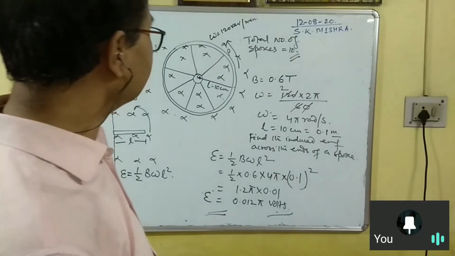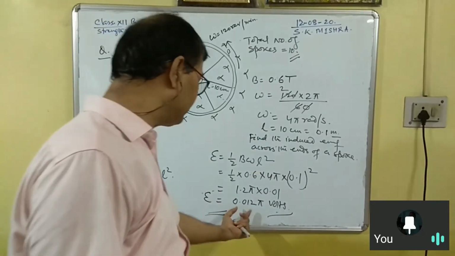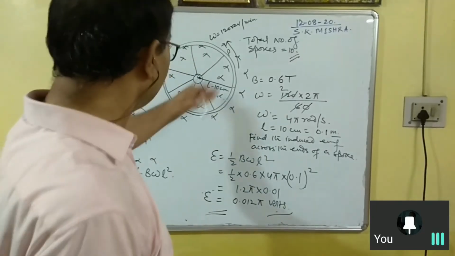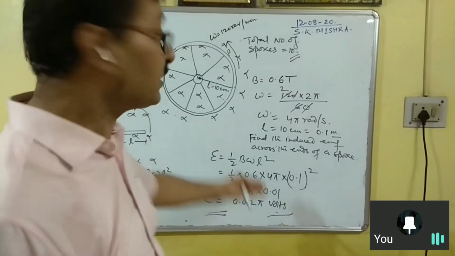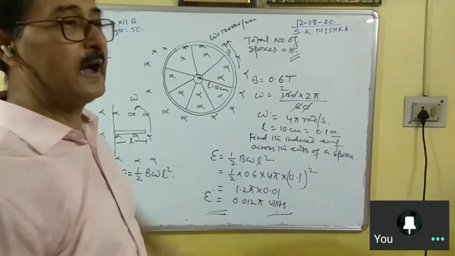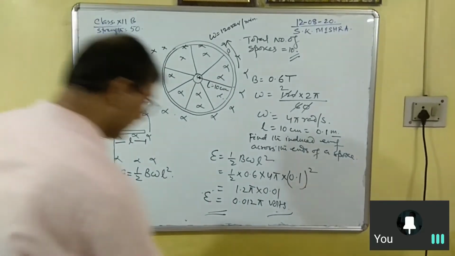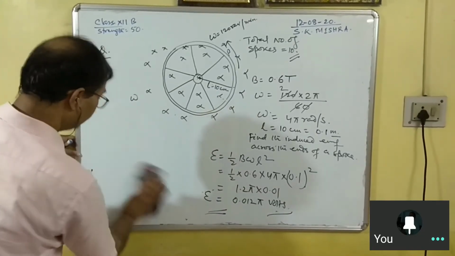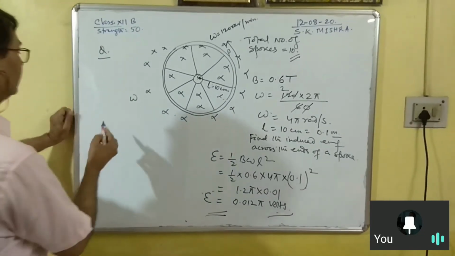So if it is 10, then also the net EMF will be 0.012 pi volts. If it is 20 in number, then also it will be same, because each spoke has same induced EMF. And if so many cells are connected in parallel, then what is the net EMF? Net EMF is nothing but EMF of one cell.